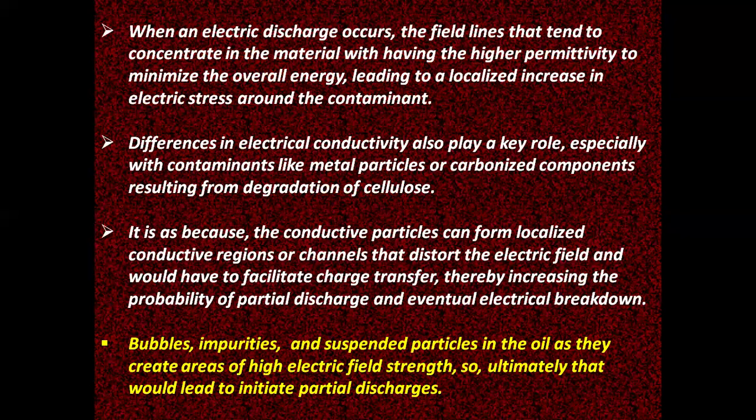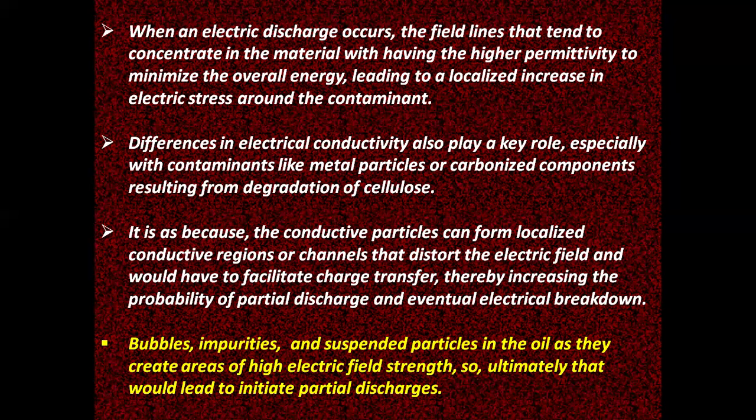When an electric discharge occurs, the field lines tend to concentrate in the material with the higher permittivity to minimize the overall energy, leading to a localized decrease in electric stress around the contaminant.